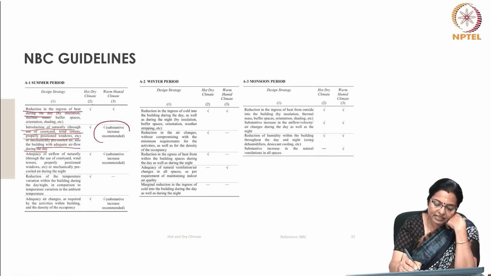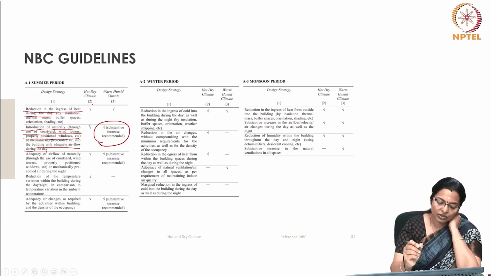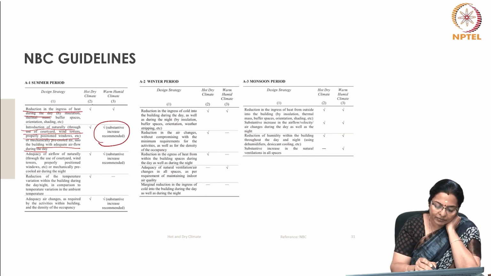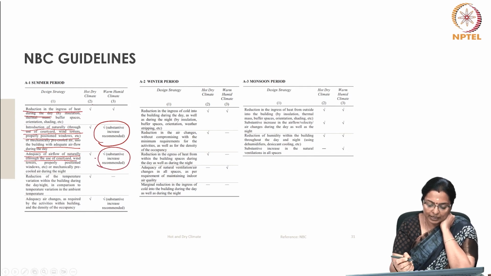Substantial increase is recommended in warm and humid, whereas in hot dry it should be minimal. Adequacy of airflow through use of courtyards. In warm and humid it should be substantial.